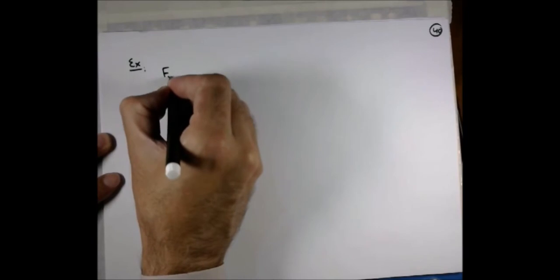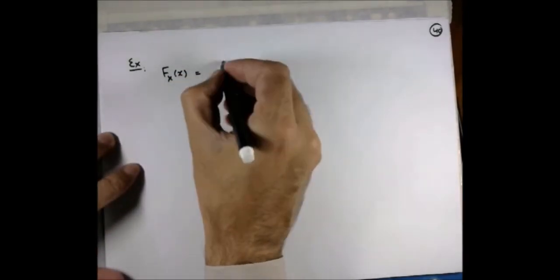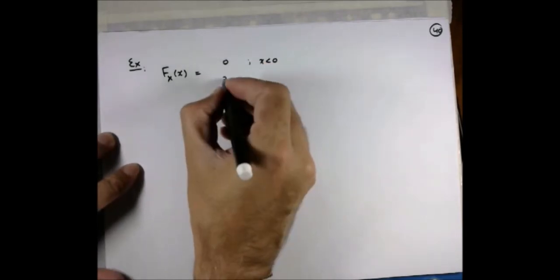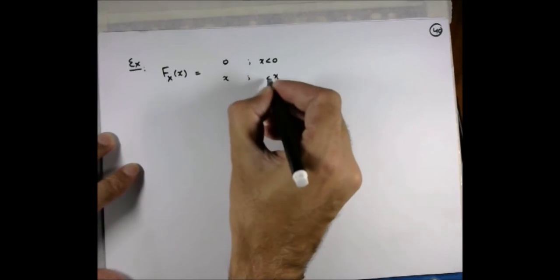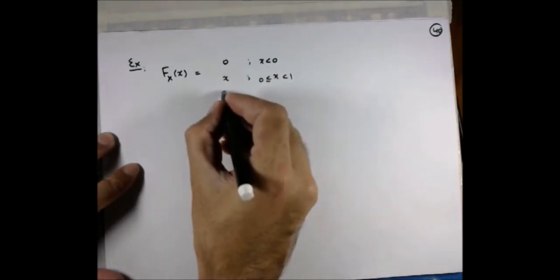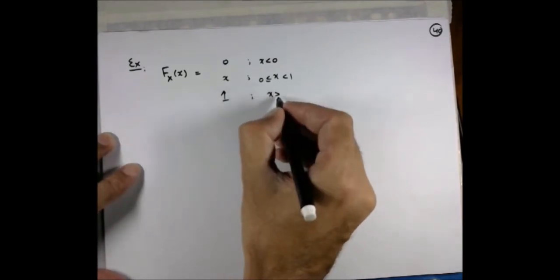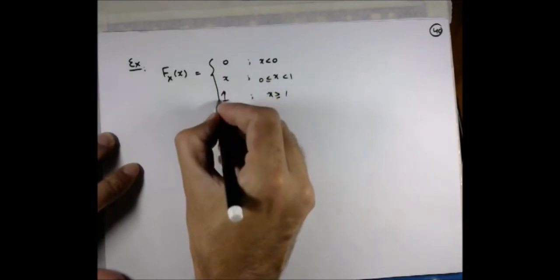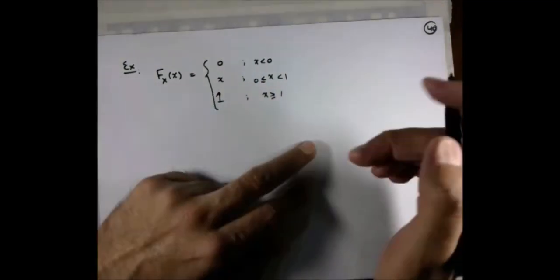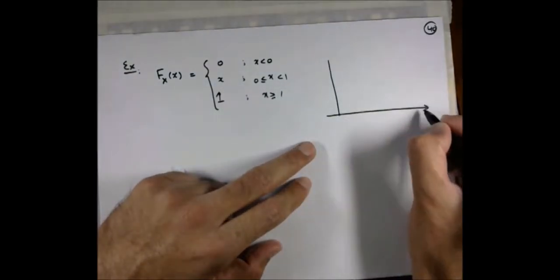Suppose the CDF of x is 0 for x negative, it is equal to x for x greater than or equal to 0 and less than 1, and it is equal to 1 for x greater than or equal to 1. We used the same expression for the CDF in our last lecture.